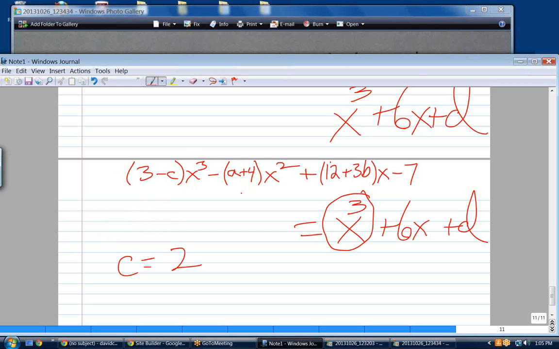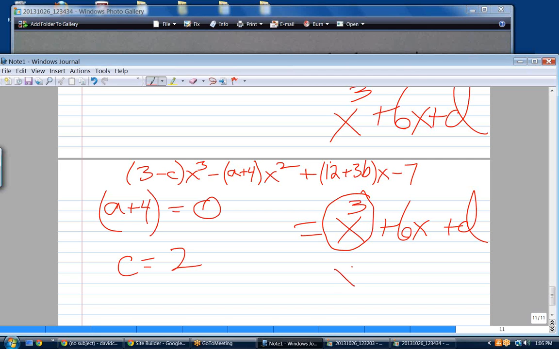What's the coefficient on x squared on the right side of the equation? What's the coefficient on x squared? 0. In other words, it's not there.